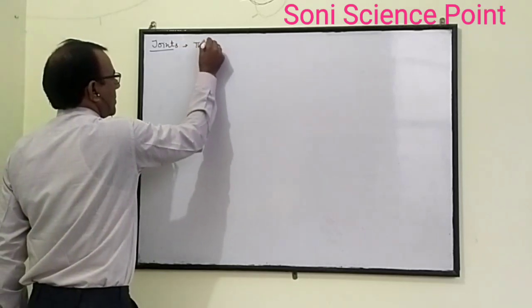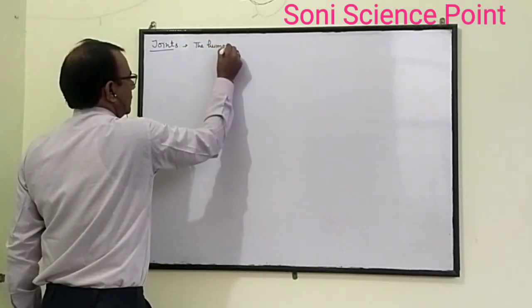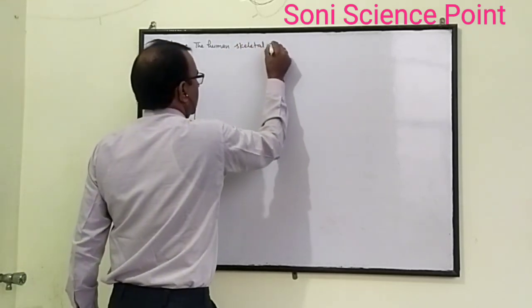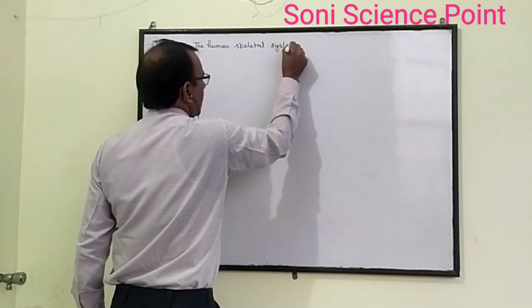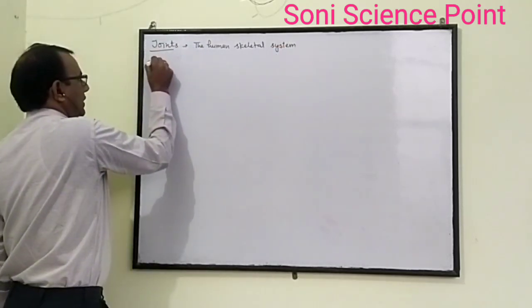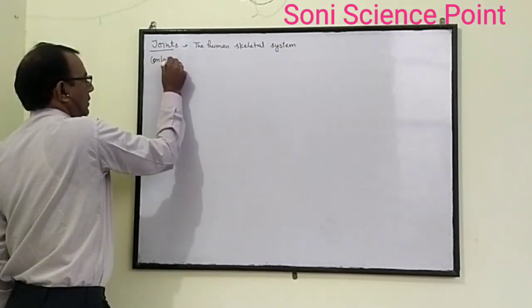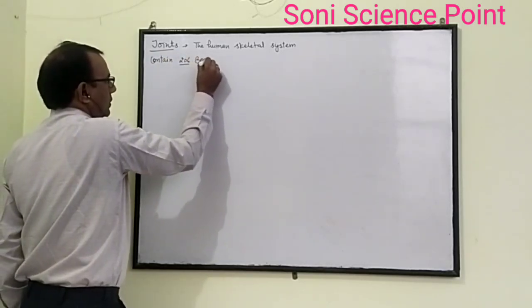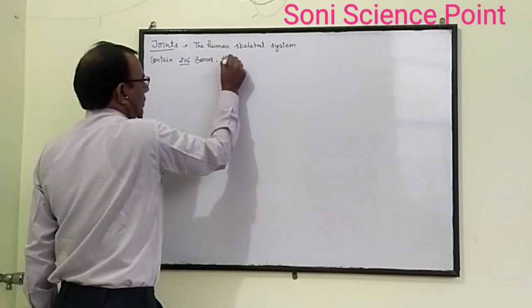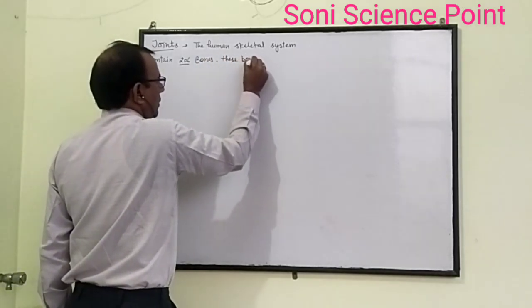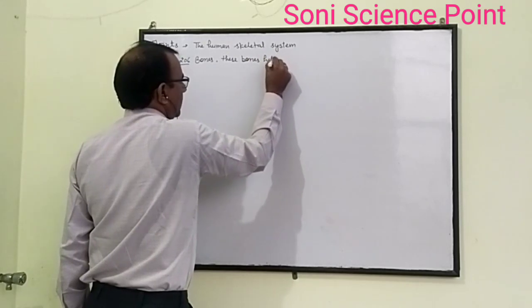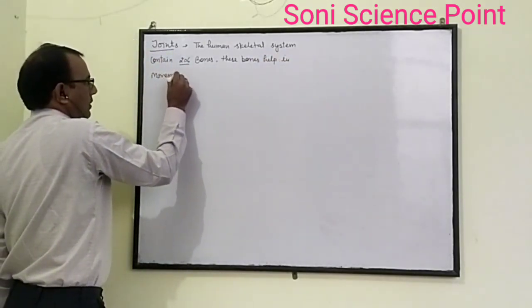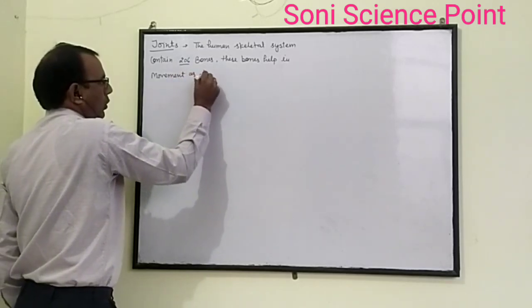The human skeletal system contains 206 bones. These bones help in movement or locomotion.